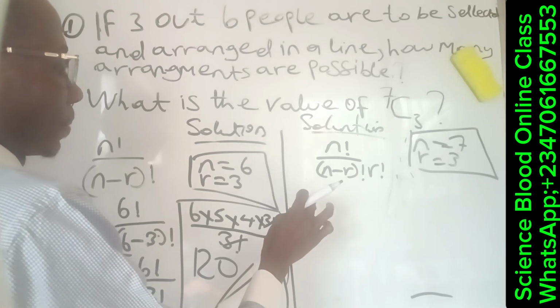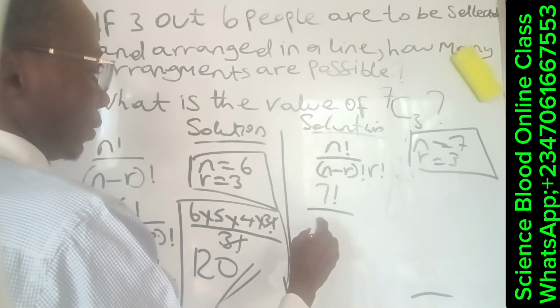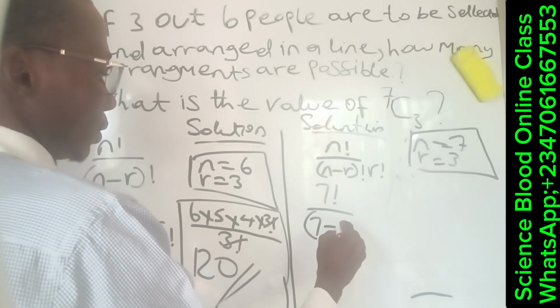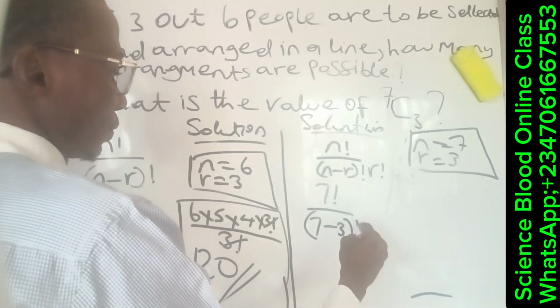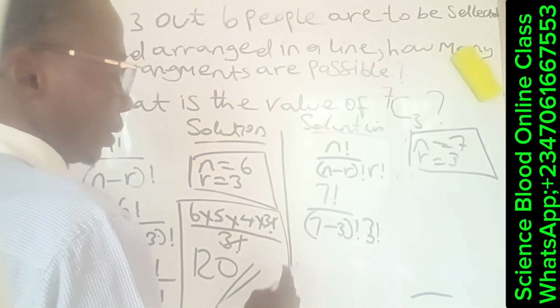To simplify further, we can say 7 factorial all over, open a bracket, 7 take away 3 close bracket factorial, 3 factorial.